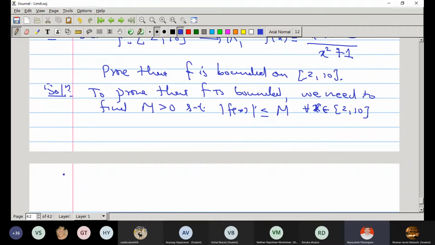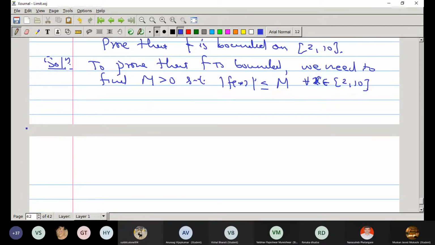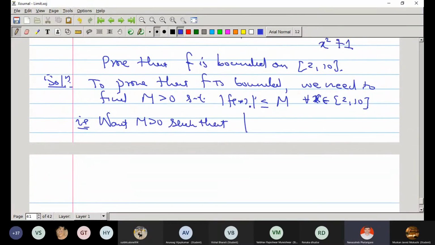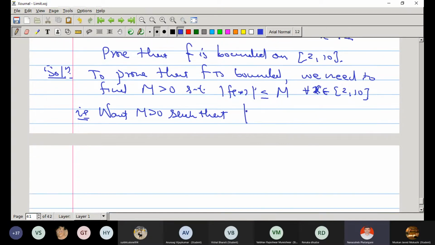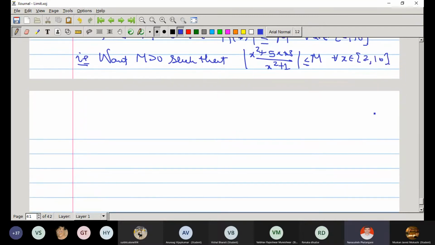Is it clear? We want m such that x square plus 5x plus 3 upon x square plus 1 is less than or equal to m for all x in 2 to 10. Let us try to find m.